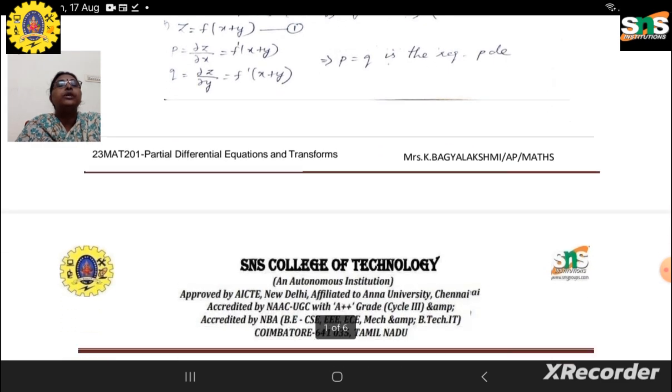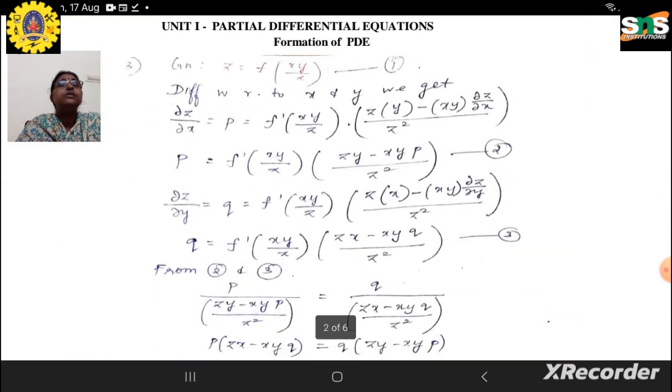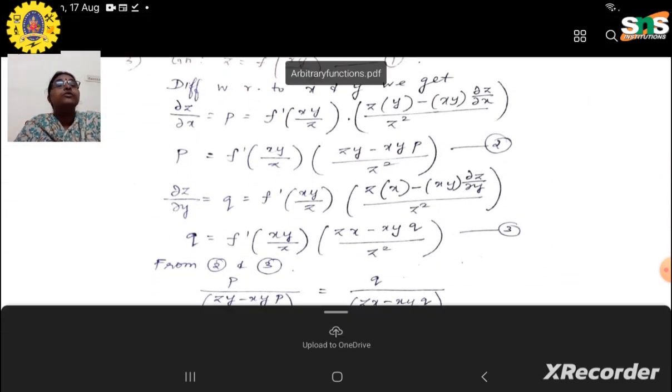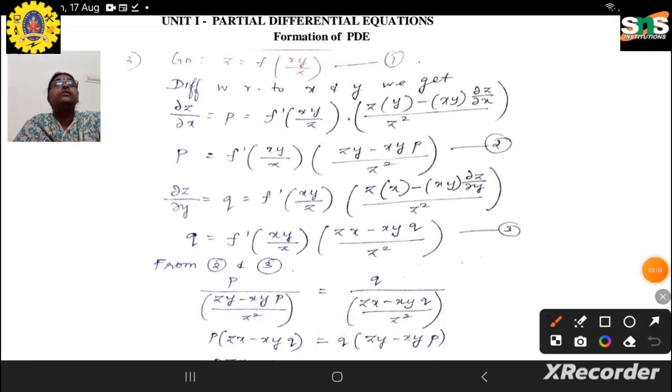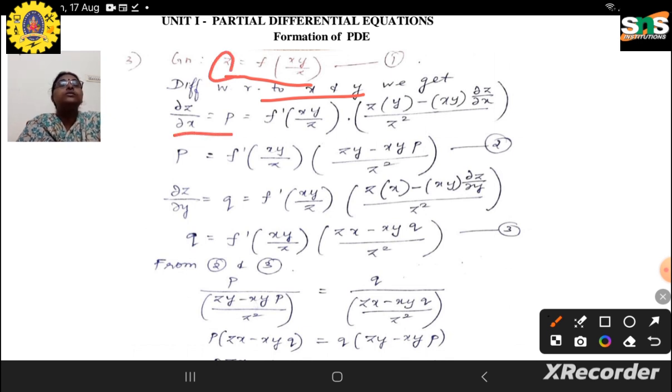We can see one more example based on this model. The next given equation is z equal to f of xy divided by x. Differentiating with respect to x, on the left hand side we get p. On the right side, differentiating f of xy by z gives f dash of xy by z, and this xy by z is in the form of u by v.